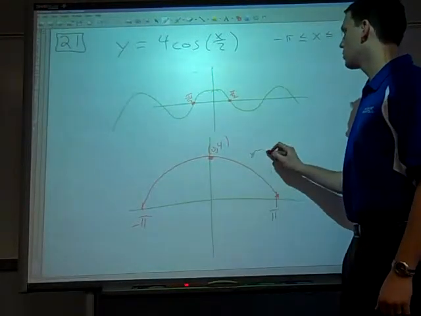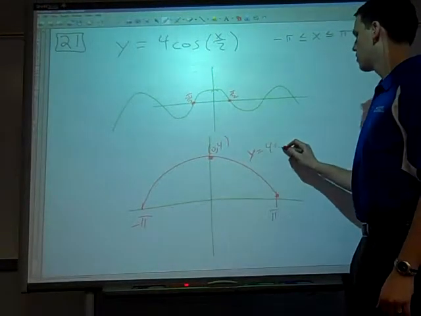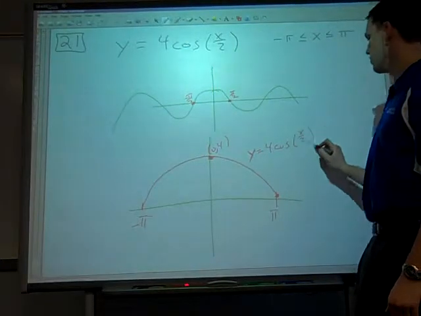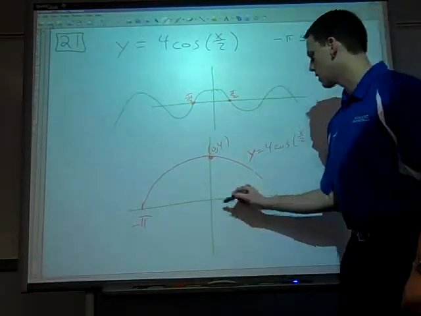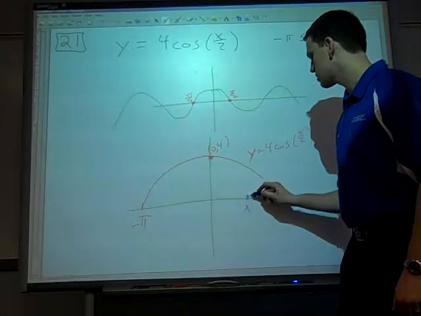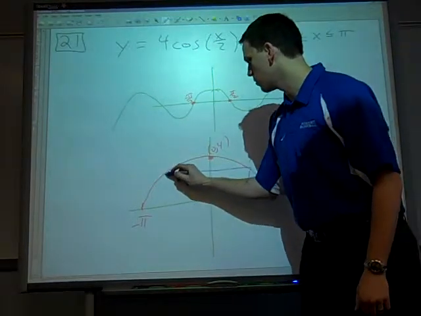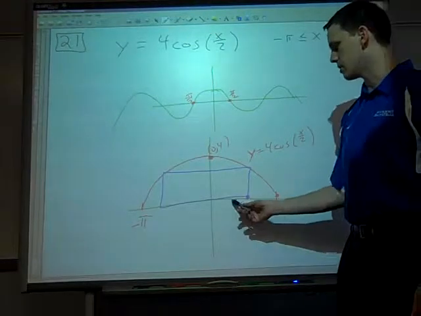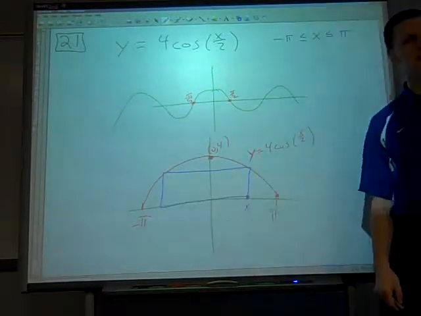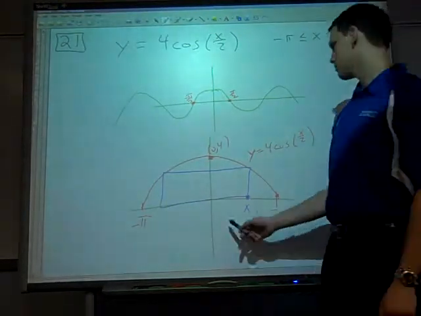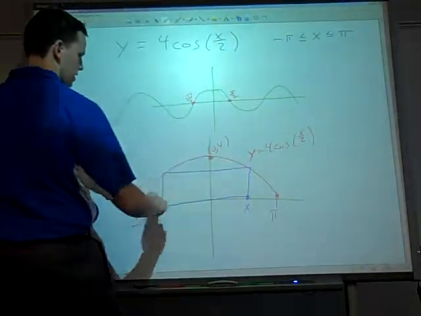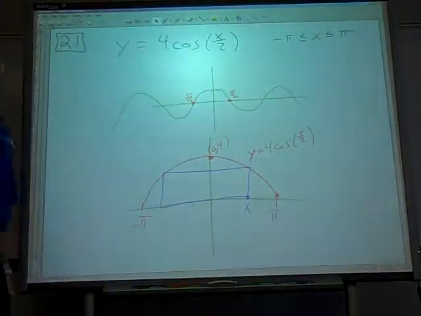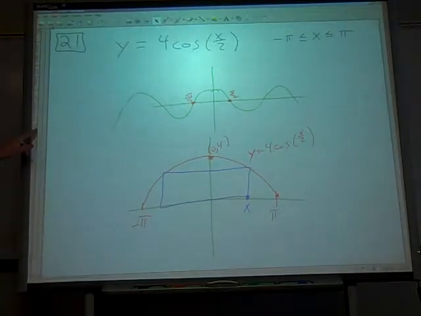So this is y equals 4 cosine of x over 2. And then we're going to have, at some point x, our rectangle. I drew that completely out of scale because the right-hand side and the left-hand side should be the same. So my cosine graph is out of scale. But you guys should get the idea, right? Just about this.